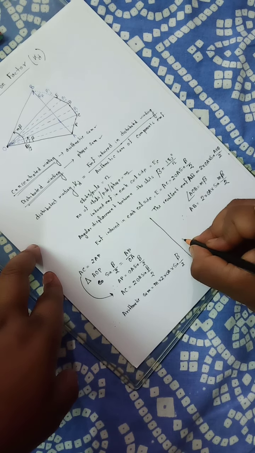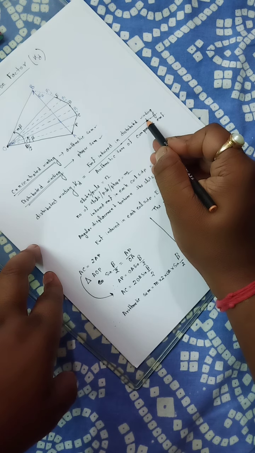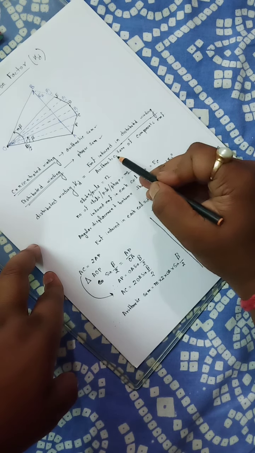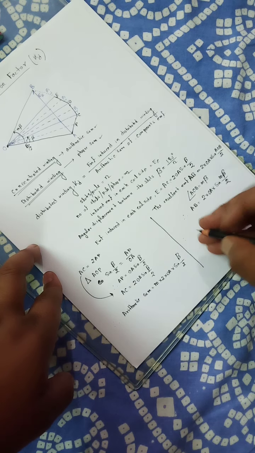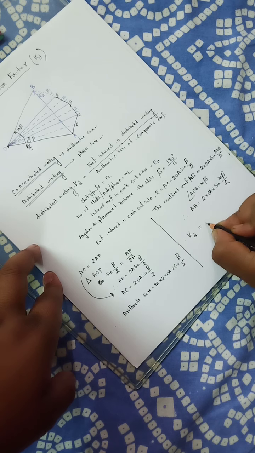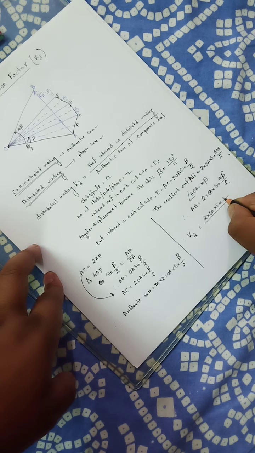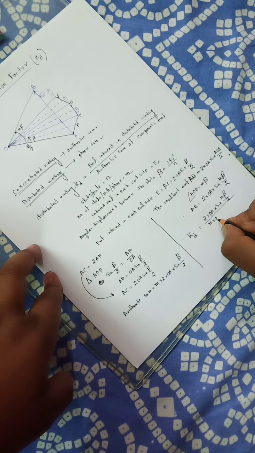Now we know the EMF induced in the distributed winding, and we also know the arithmetic sum of the components. So make a ratio of those: KD is equal to 2 into OA into sine m beta by 2, divided by the arithmetic sum, which is m into 2 into OA into sine beta by 2.